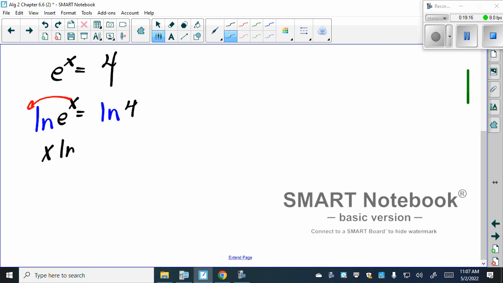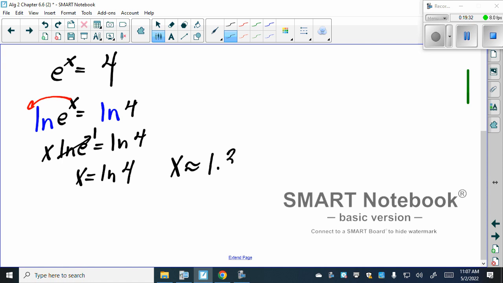So we have x ln of e equals ln of 4. And ln of e we know is 1, telling us x is equal to the natural log of 4. That's it. Any questions on any of these here?